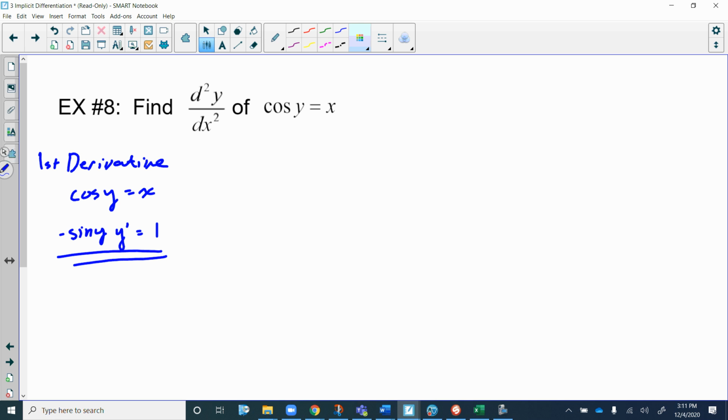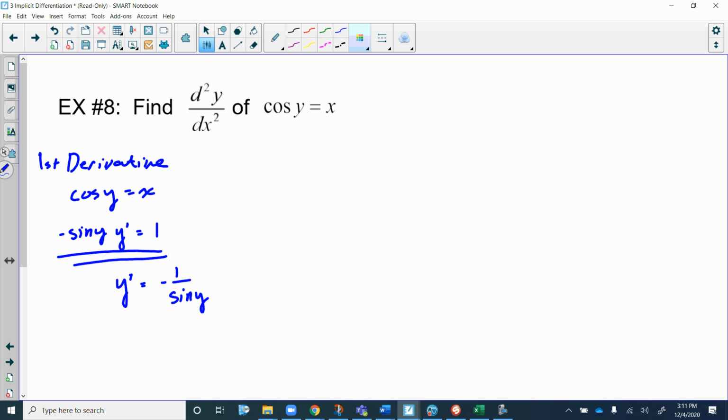Okay, but we want to get it in terms of y. So let's get y prime by itself. So y prime would be negative 1 over sine of y. There we go.